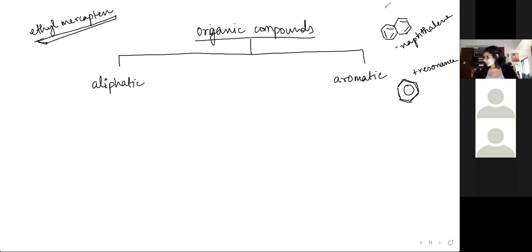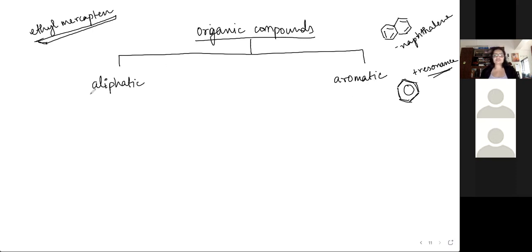Of course, citric acid and all of those have slightly more complicated structures. Okay, so aromatic compounds, the basic thing is closed ring structure plus resonance.